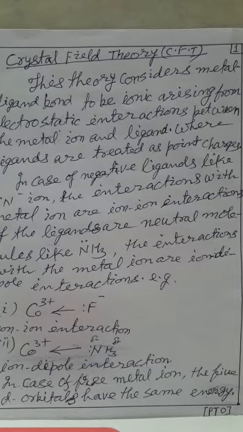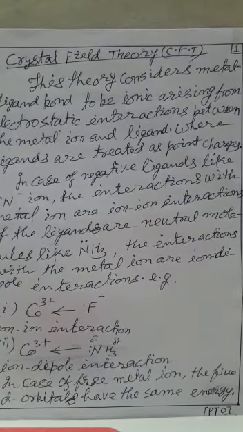If the ligands are neutral molecules like NH3, the interactions with the metal ion are ion-dipole interactions. For example, 1: Co3+ ion and F- ion interaction. 2: Co3+ ion and NH3 ion-dipole interaction.